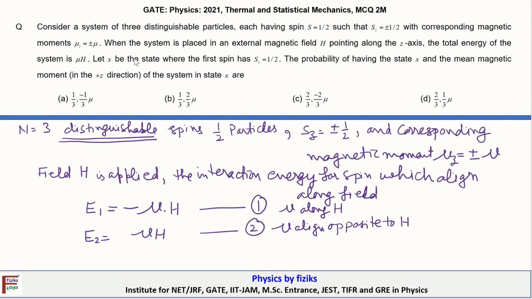And if we further assume that the field H that we are applying is along the Z direction, which is vertically upward, so we are considering the vertical upward direction as the Z direction.